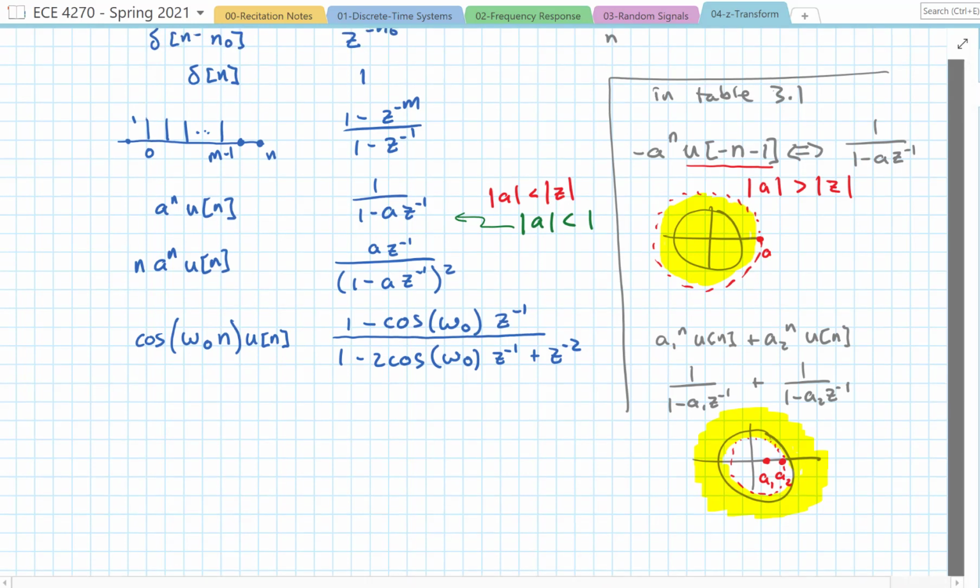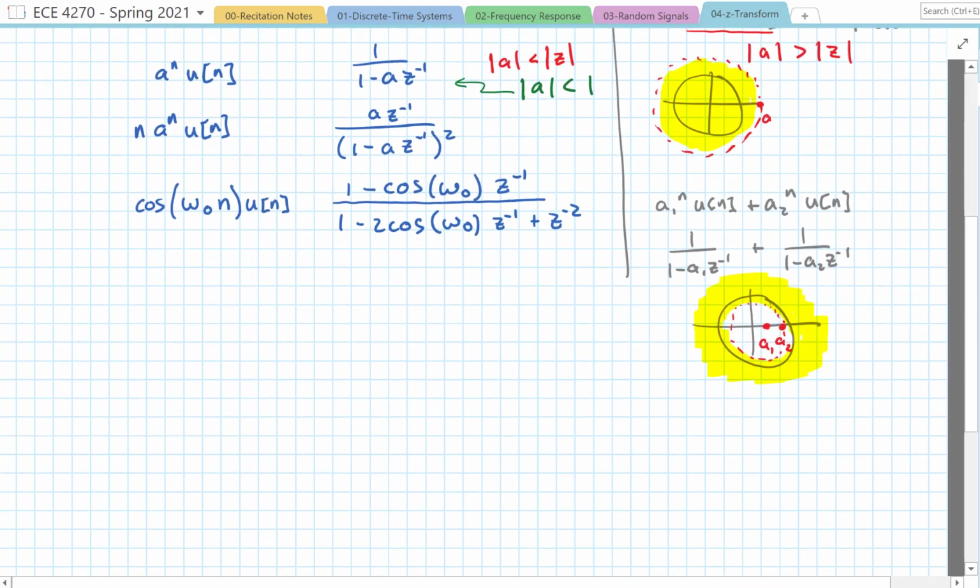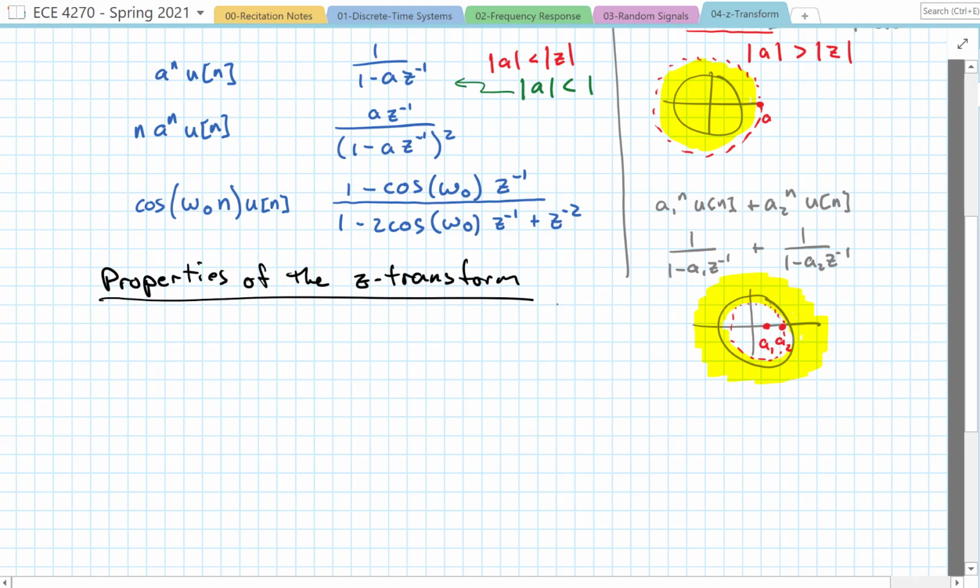Okay, let's switch gears just a little bit and talk about some of the properties of the Z-transform. And in the text, this would be table 3.2.